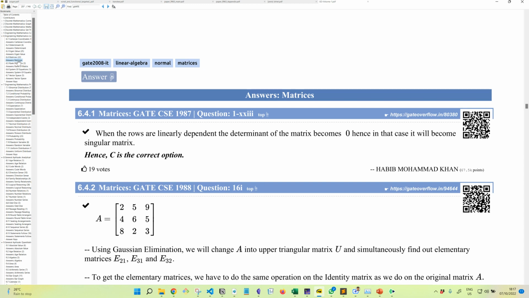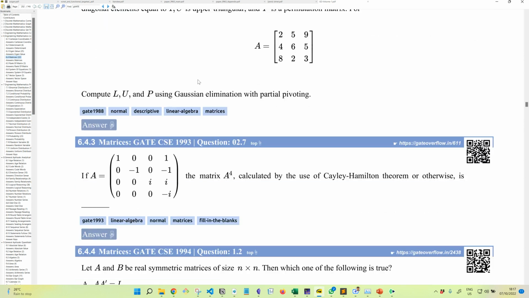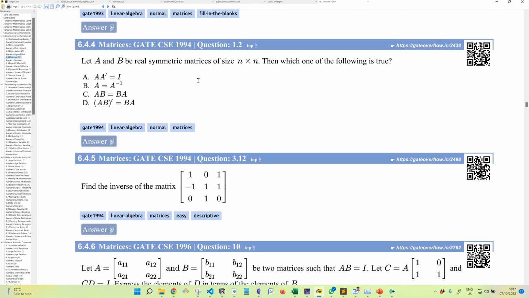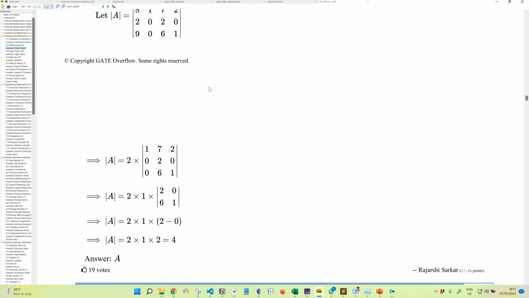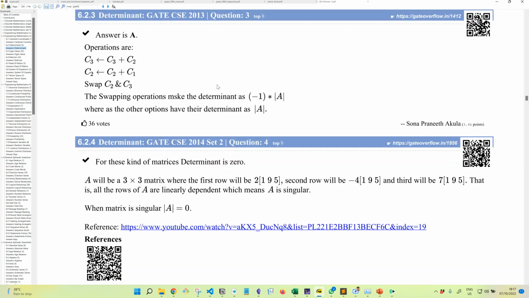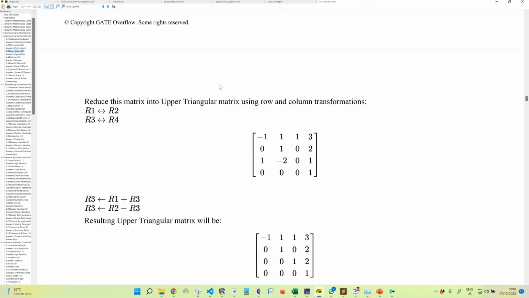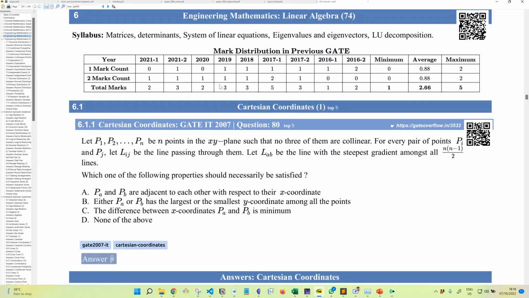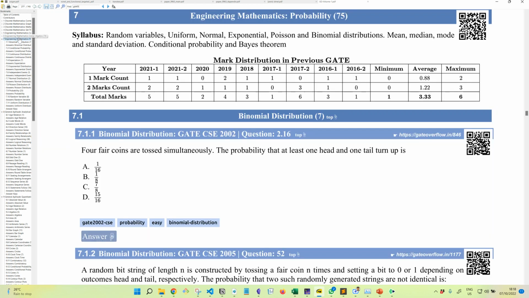Where do I see the answer? Matrices. Actually, I should have bookmarked the page number. Sorry about it. This is probability.